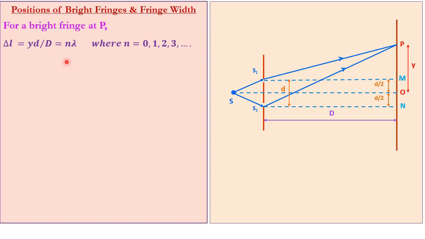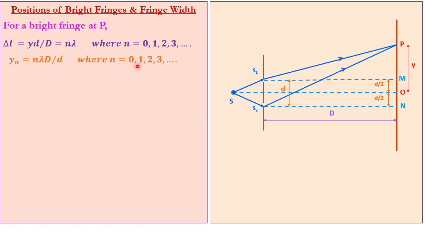If the path difference should be n lambda, then what should be this distance y? This distance y, I'm writing yn as a generalized equation, is equal to n lambda D by d. From this equation, our aim is to find out y. So y is equal to n lambda into capital D by d, and this is the distance of the nth bright point on the screen from the central bright.